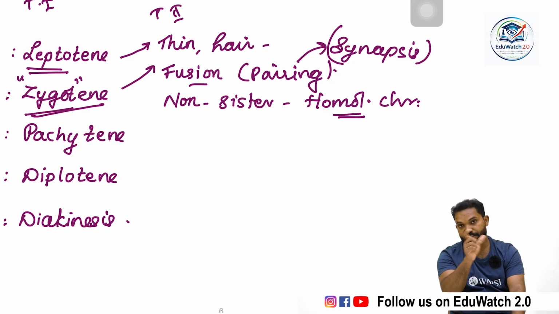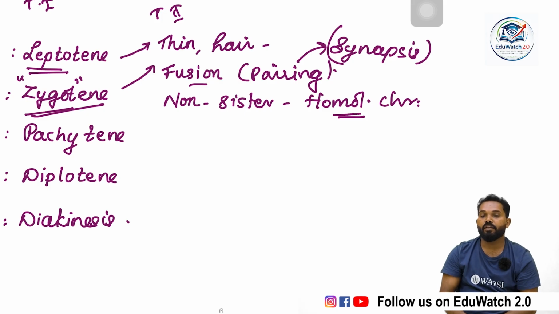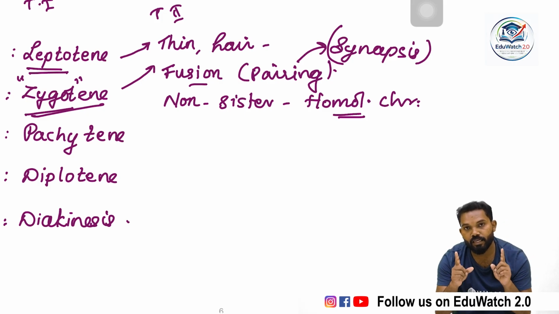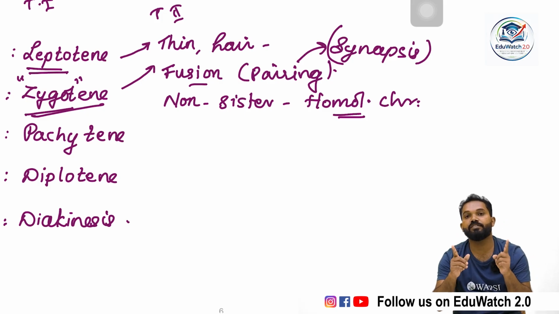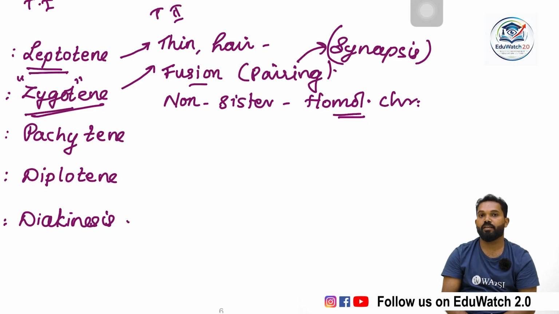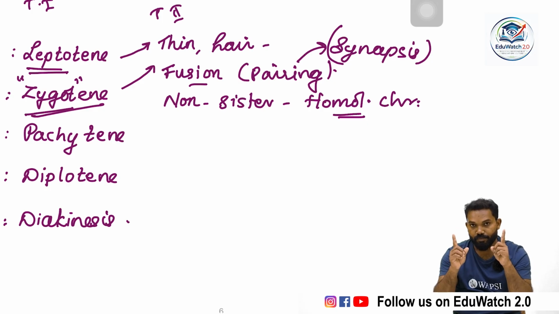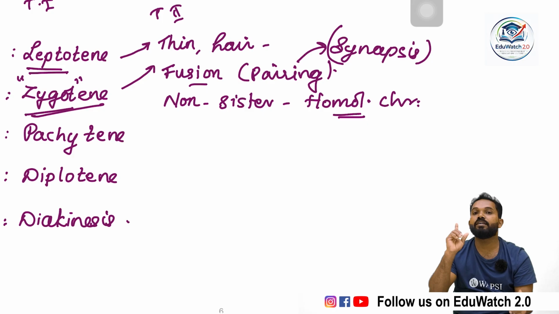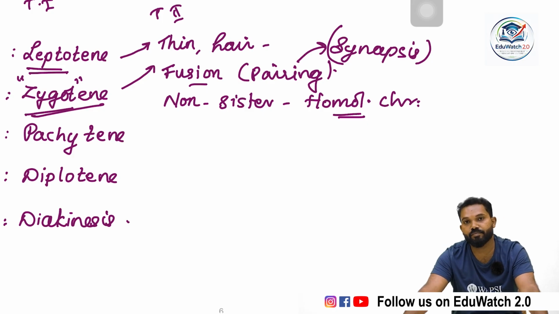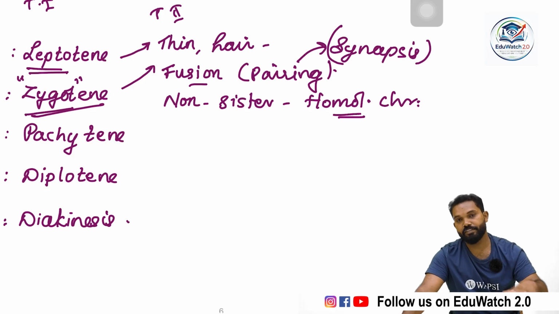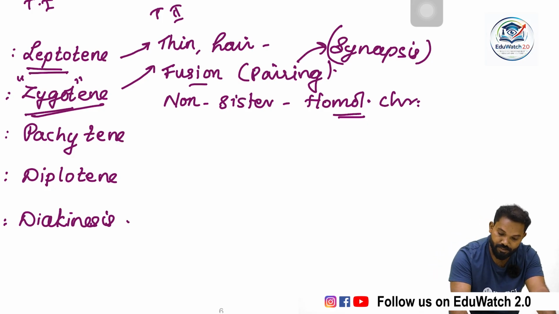So, homologous chromosomes are chromosomes that are homologous. Homo means same, logos means locus or location. The two chromosomes which have the same gene location are known as homologous chromosomes. Among these two chromosomes, one is derived from the father and one from the mother. In a diploid cell in our body, there are 46 chromosomes or 23 pairs.